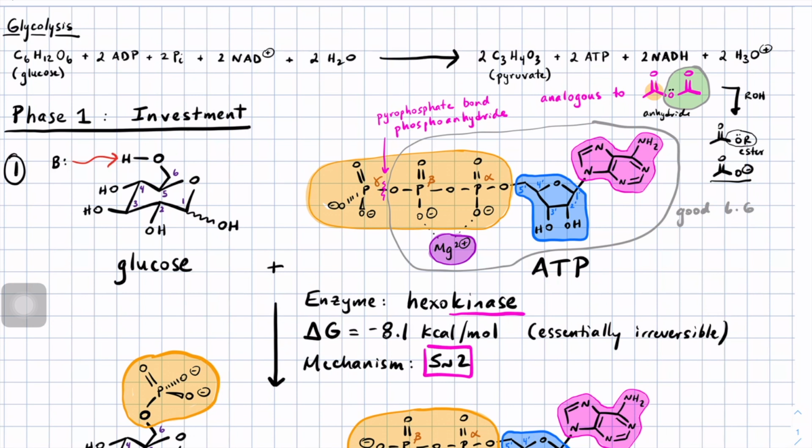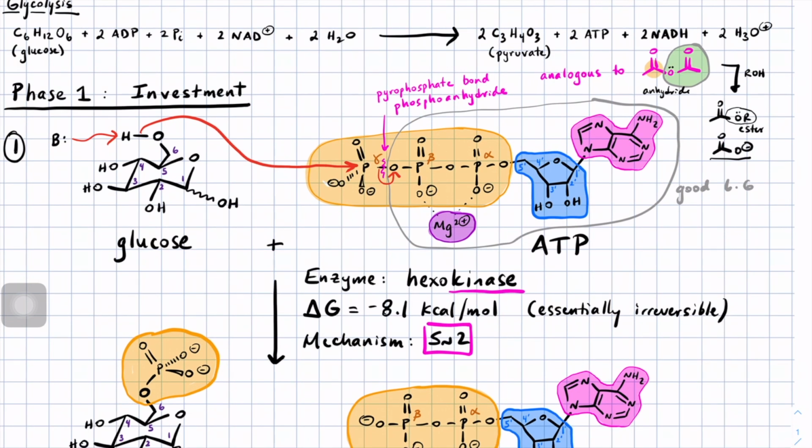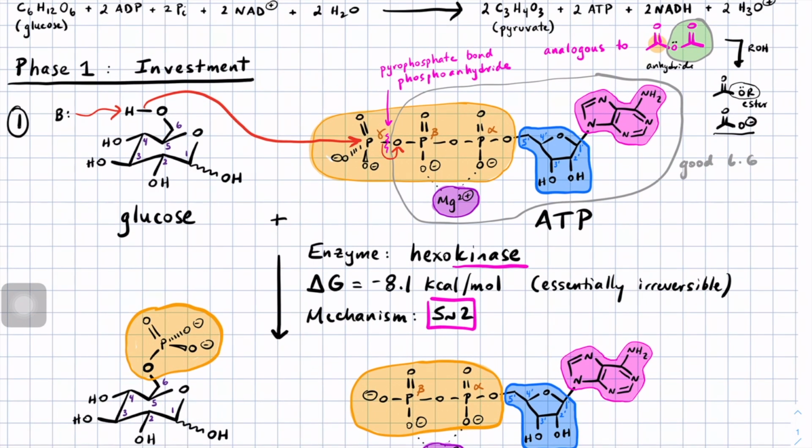So I'm just going to draw it all in the same step. Base removes a proton, the oxygen becomes negatively charged and then attacks the gamma phosphate. And then we're going to break the pyrophosphate bond, and electrons from that bond are going to go onto that oxygen. And that's going to give us our glucose 6-phosphate and a molecule of ADP.